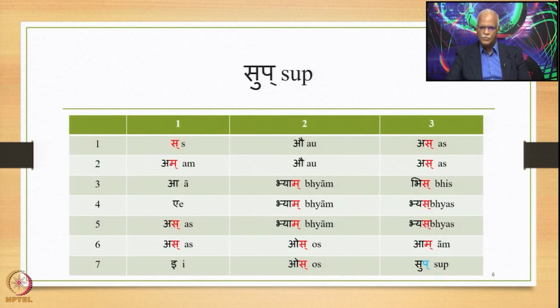Here are the 21 sups for you. Su, au, jas, am, au, shas, ta, bhyam, bhis, ne, bhyam, bhyas, nasi, bhyam, bhyas, nas, os, am, ni, os, sup.